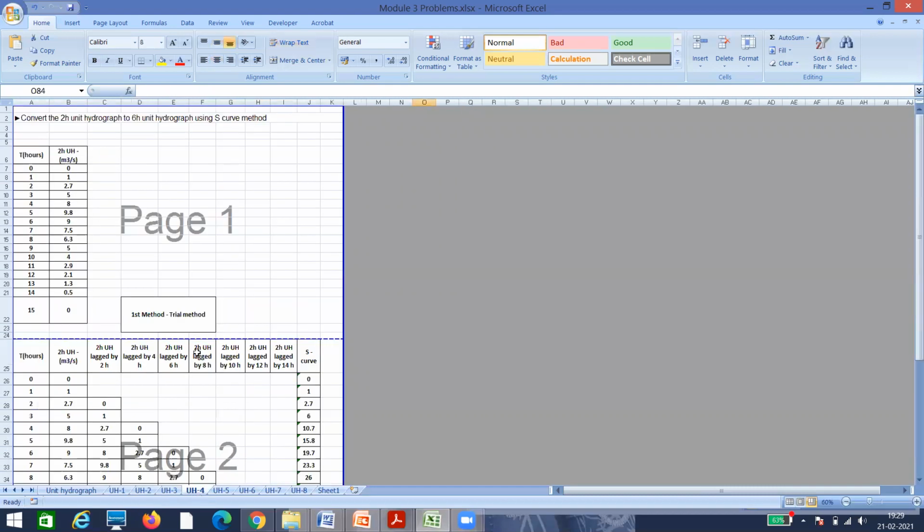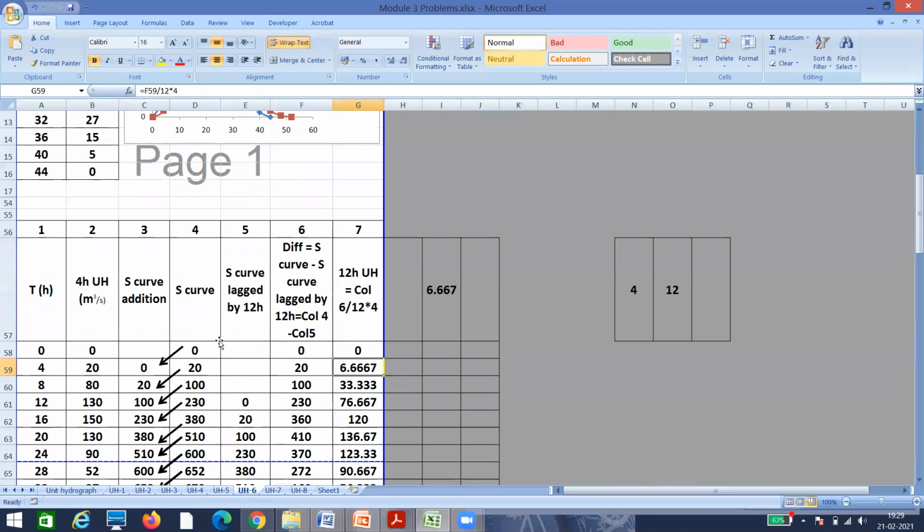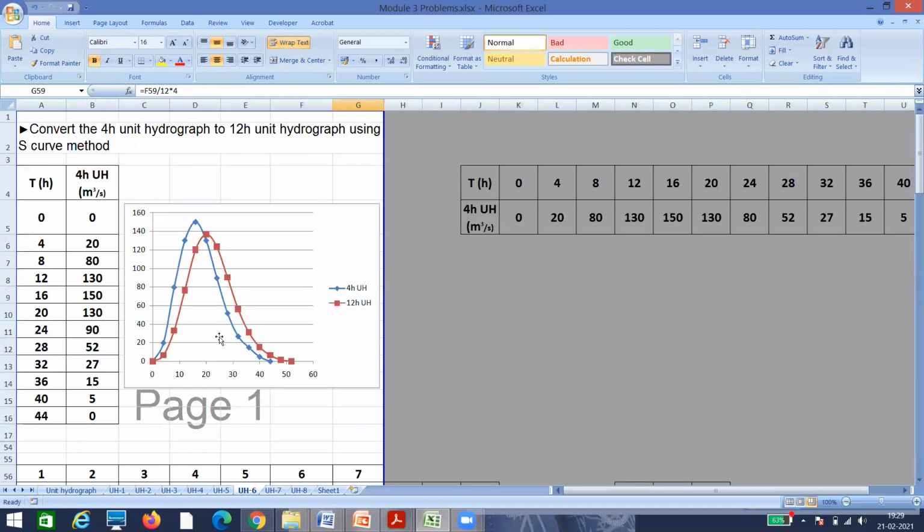Now, after this, we'll come across converting one type of hydrograph to another type of hydrograph. I'll first start with the conventional method and then I'll explain the trial and error method. The conventional method is easier; the trial and error method requires a little more understanding. Here I'm converting a 4-hour unit hydrograph to a 12-hour unit hydrograph using the S-curve method.